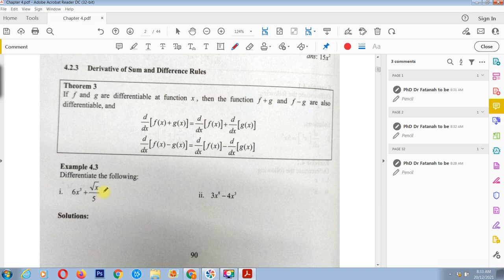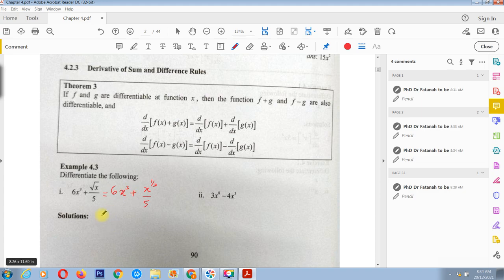Okay, for this example 4.3 we have 6x cubed plus square root x over 5. To make it easier to deal with, we make the square root become to the power of 1 over 2. So we have 6x to the power of 3 plus x to the power of 1 over 2 over 5. So we differentiate separately.